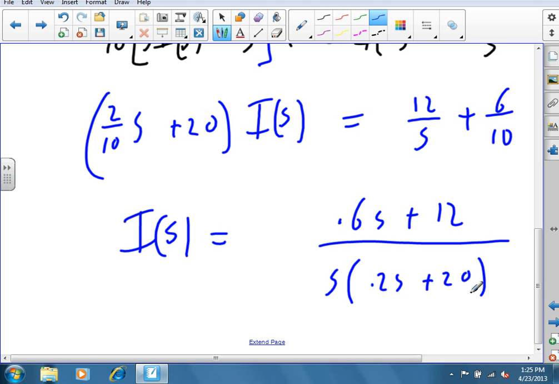I probably don't want those decimal points sitting in front of the S's, do I? Okay, so if I have S plus 20, that looks like number 13 and 14.